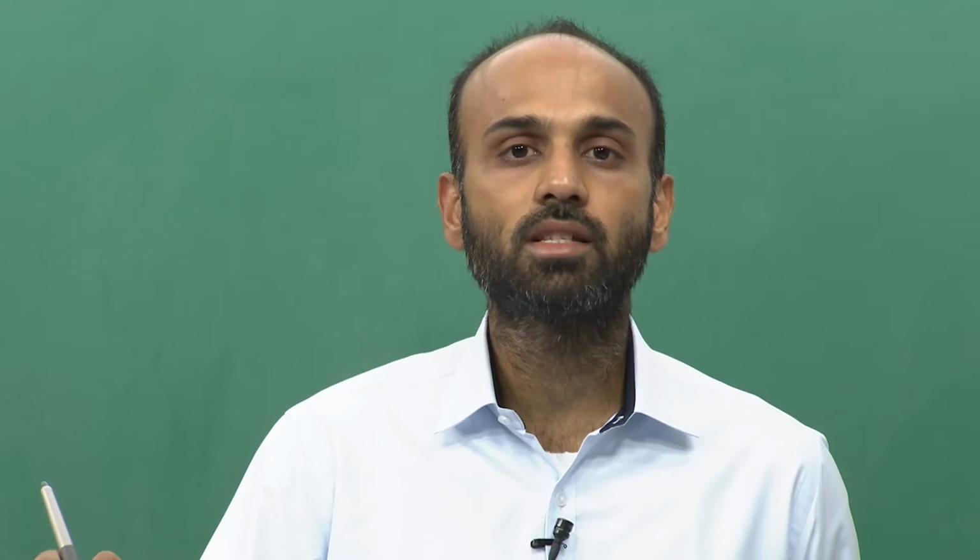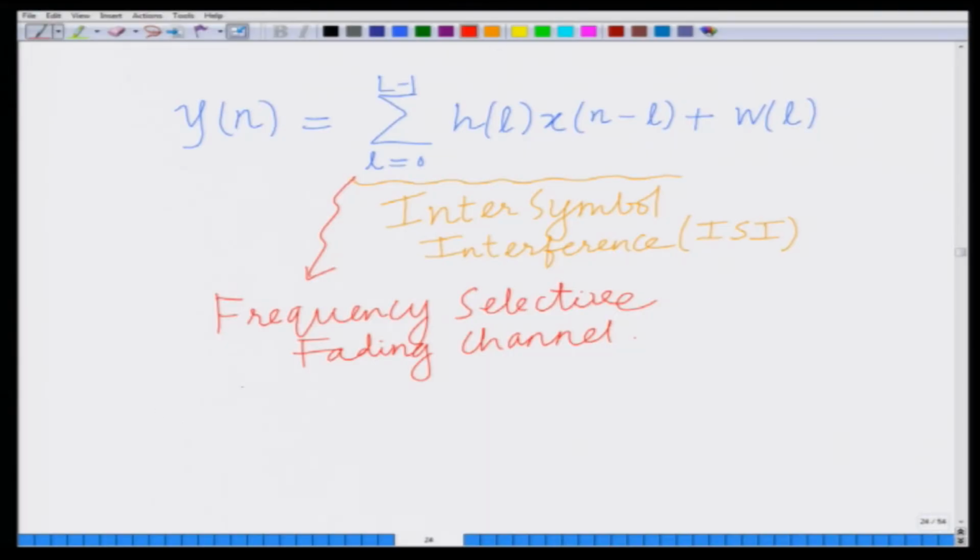Now, let us look at a CDMA transmission or the corresponding symbols that are transmitted in a CDMA system. We know that in a CDMA system, the transmitted symbol xn is given as the symbol A0 multiplied by the code C0 of n. So, for a CDMA system, we have x of n equals A0 times C0 of n, that is the product of the symbol times the code sequence.